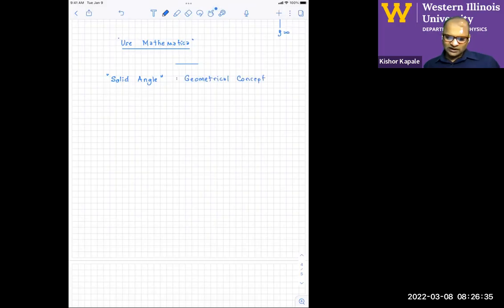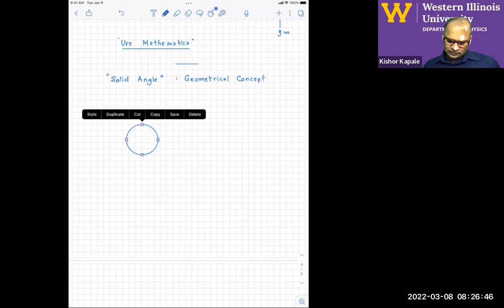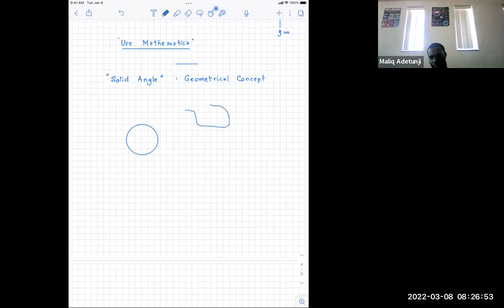It's a geometrical concept, and let me see if I can draw a little diagram here to illustrate what's happening. Any thoughts anybody has so far? No? Okay. So I have some random surface here. I'm going to shade it.